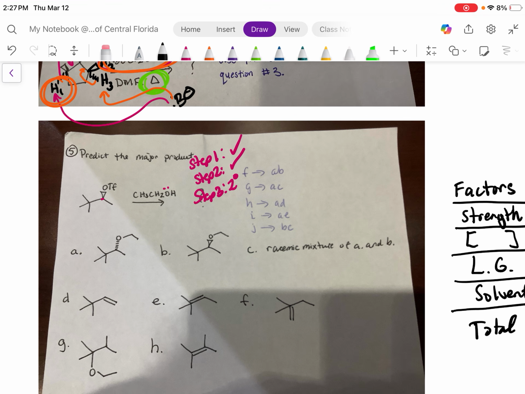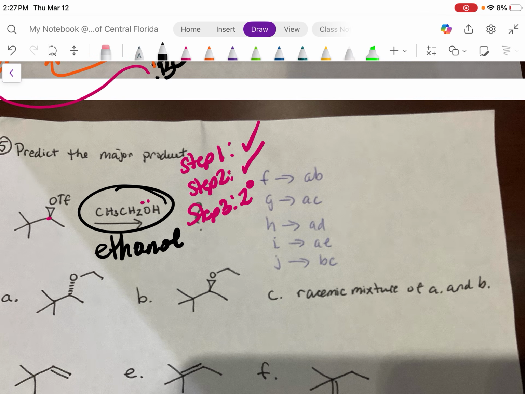The solvent is also the attacking species in this particular case. That is ethanol, which is a liquid. And so what type of solvent is ethanol? When you zoom in, you notice we have a hydrogen attached to an oxygen atom. That can then do hydrogen bonding with itself.